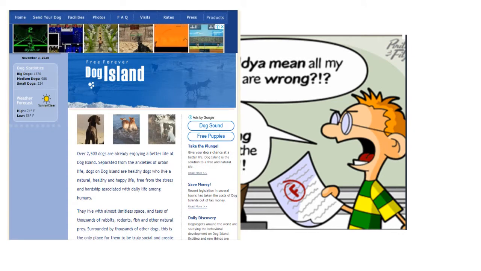Okay, so here I have the other two examples of spoof news from internet. So check this one. So the first is about Dog Island, and it is stated that Free Forever Dog Island, the ultimate resort for your favorite canine. So what do you think about this website? Is it for real or not? Right, this site is a spoof purely for entertainment. So what about the second?